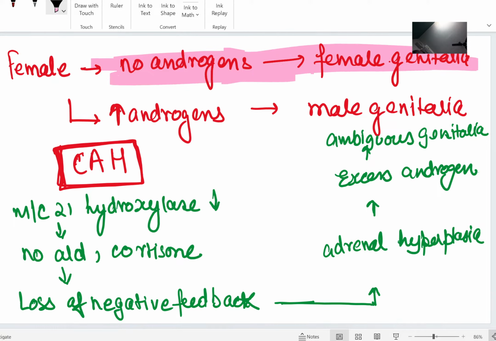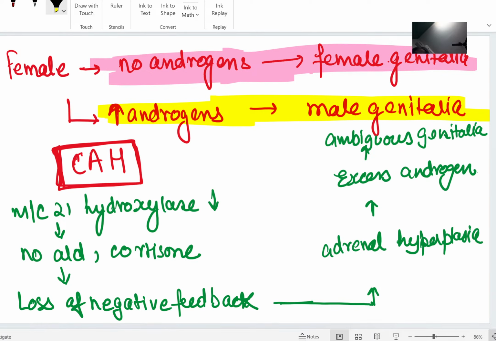Now if any problem occurs in a female and there is excess of androgens, then in that female, or you can say in the XX genotype, there will be formation of male genitalia.